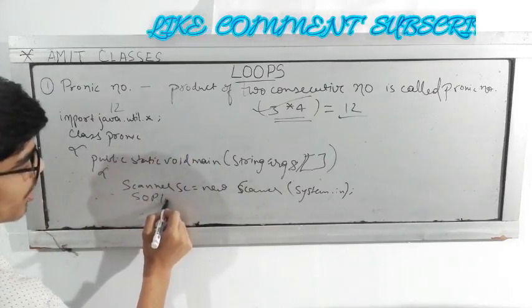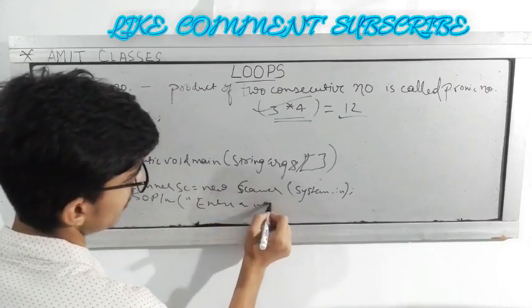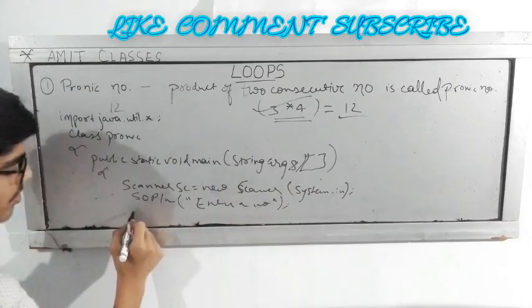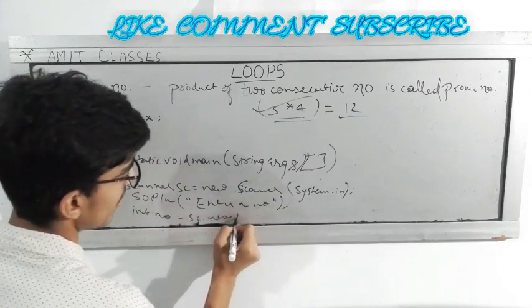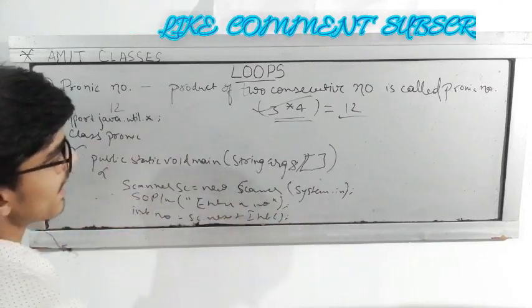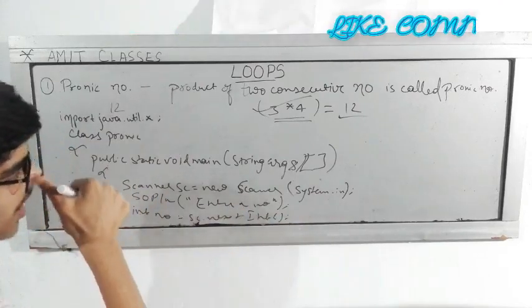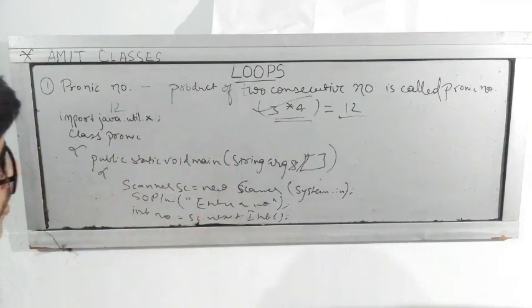Now we have to take the input. So System.out.println, enter a number. Now int no is equal to sc.nextInt. We have taken the input here. Now after this we have to put our logic. For this loop we'll use a for loop.